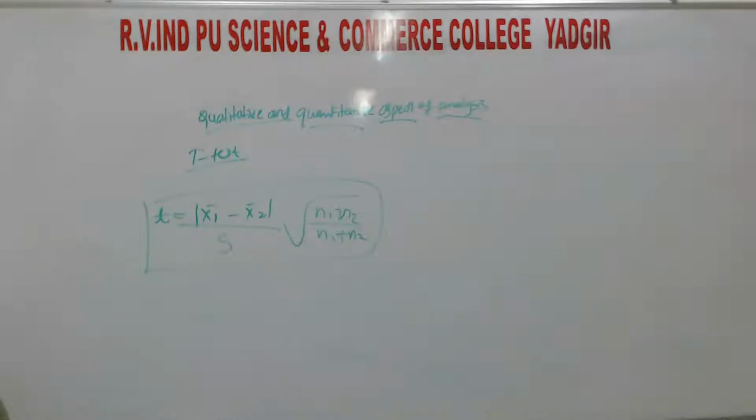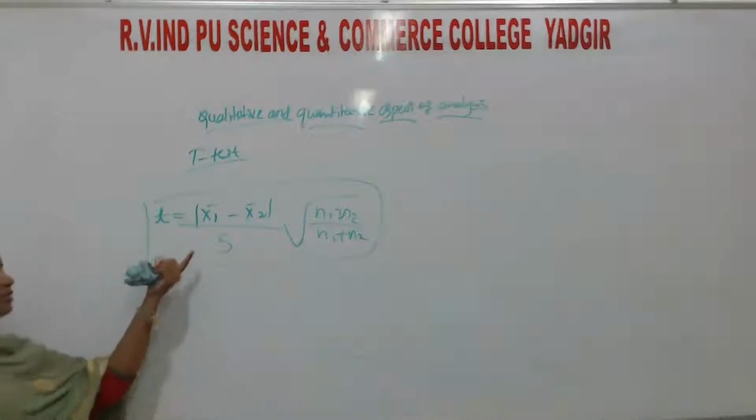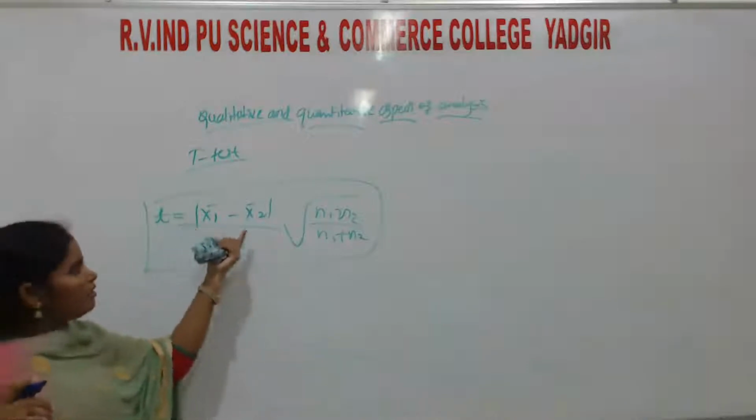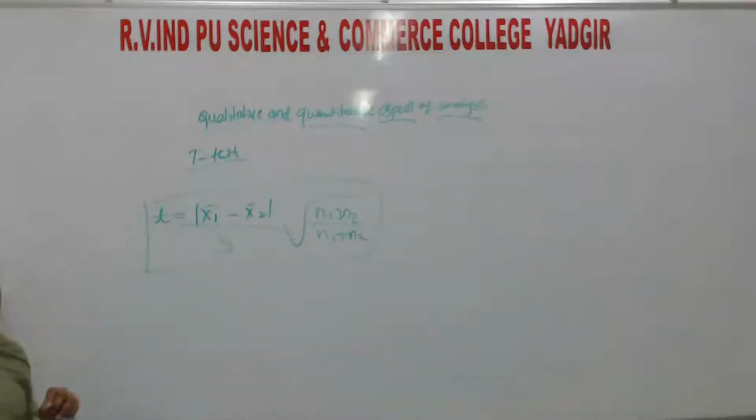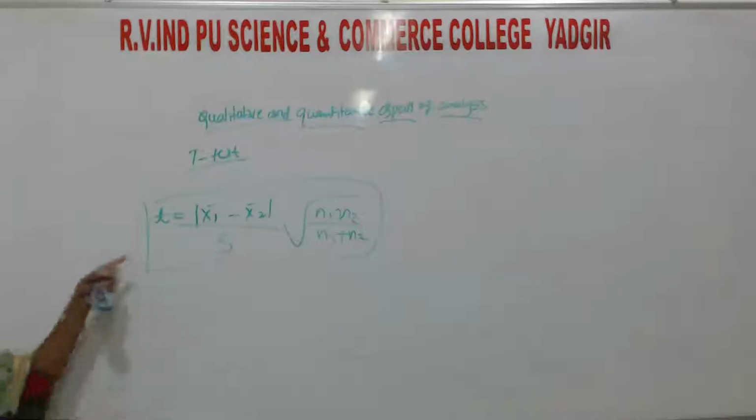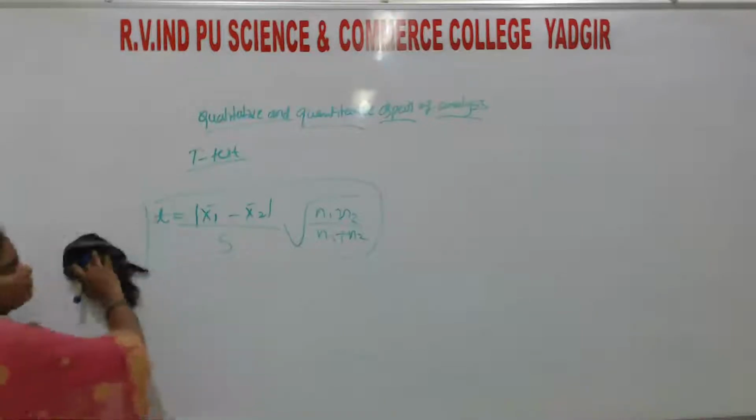Here, the information values are taken by two methods. One is x1 bar and another is x2 bar, and the fourth is s. Here is an example problem on this formula.